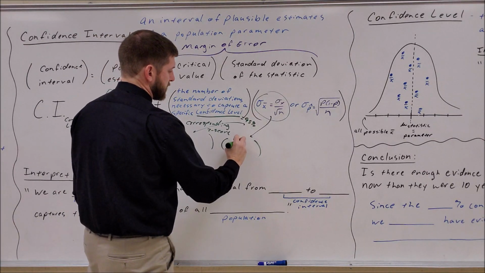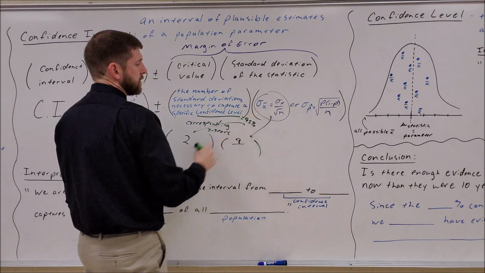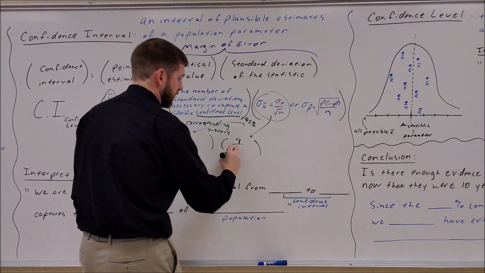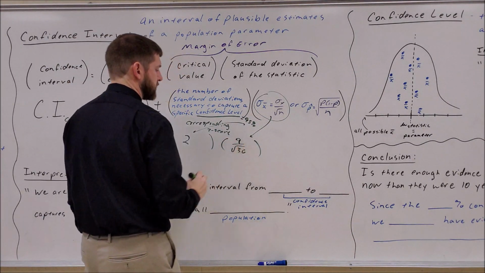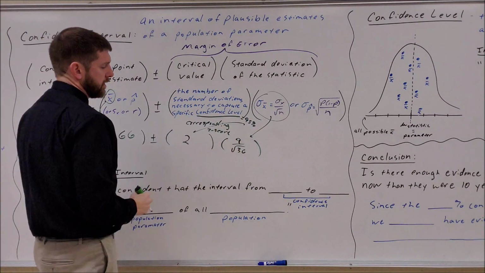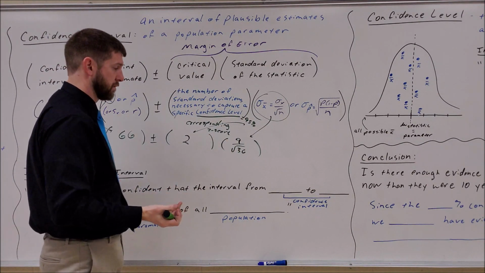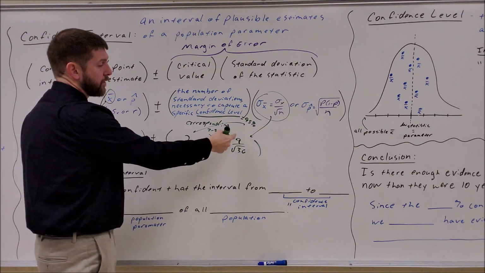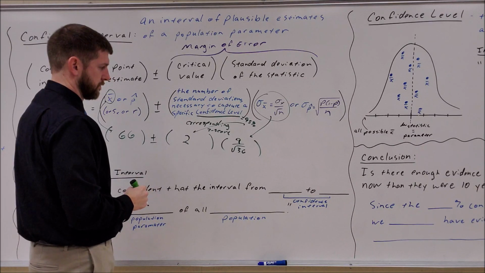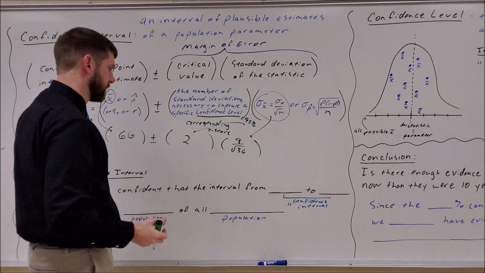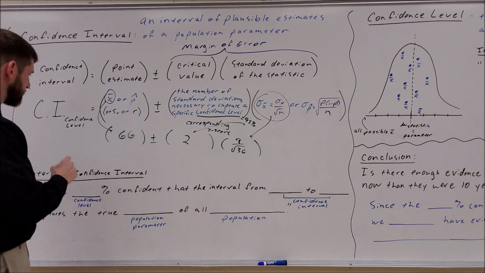So the population standard deviation was 9, divided by the square root of the sample size, which was 36. So you get 9 over 6, which gives you 3 halves. And we can actually build our confidence interval from there.